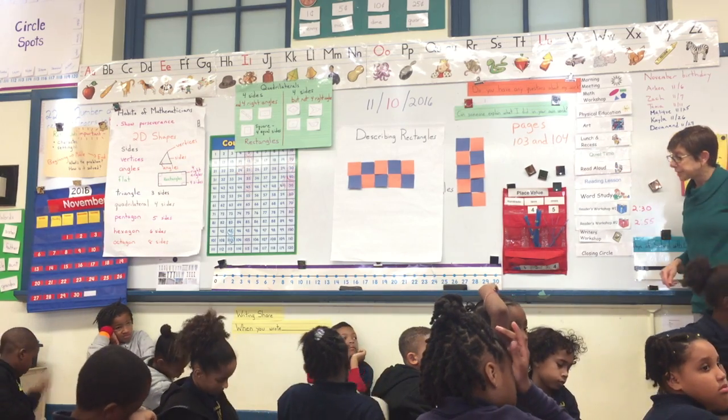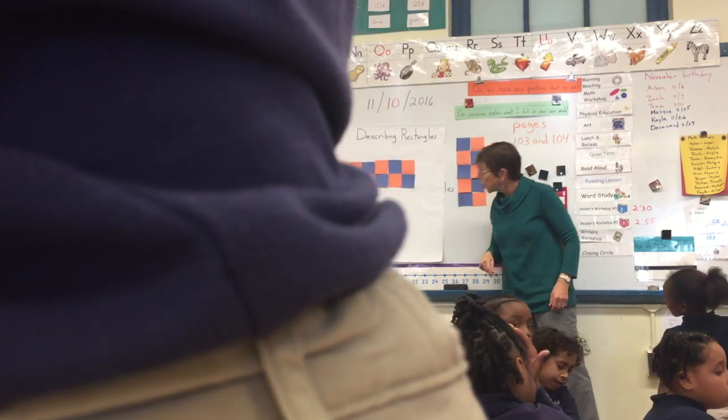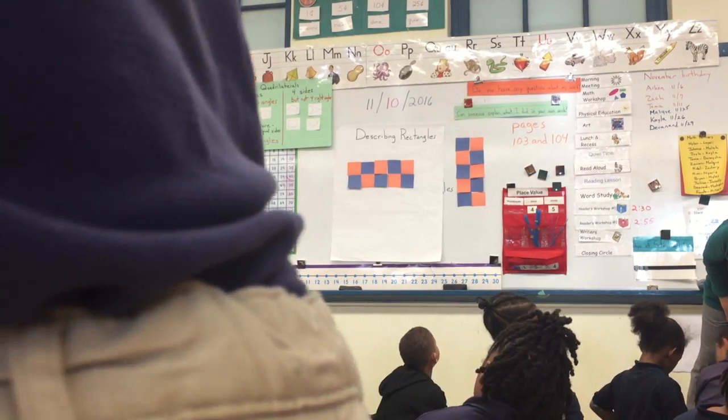So, George Mason, we are going to quickly work on describing this rectangle. What can we say about this rectangle?